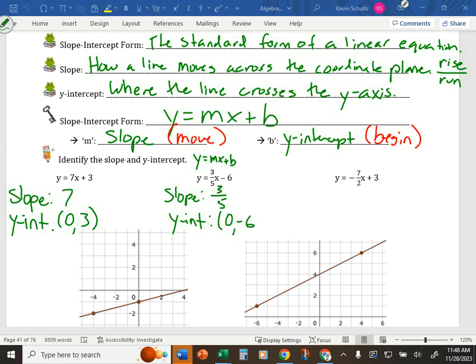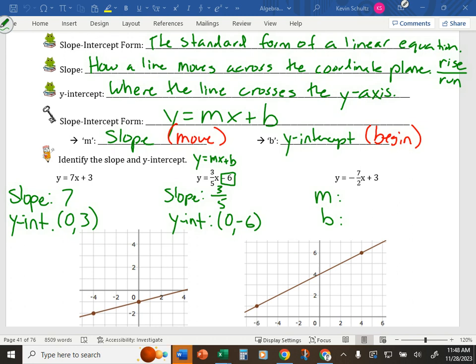Two things to point out here. Number one, write it as an ordered pair. Number two, I'm glad that Mia included that sign with the 6. Remember, it belongs to the 6. So the y-intercept is -6 here. Lastly, y equals -7/2 x plus 3. Looking for our m, looking for our b.